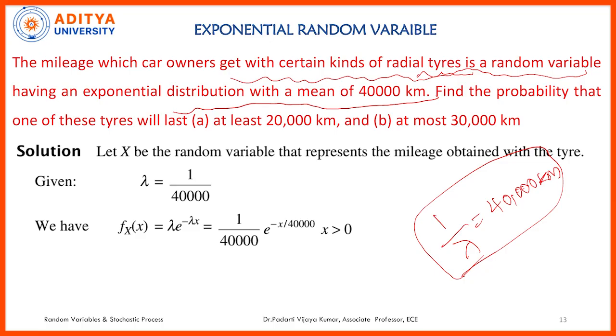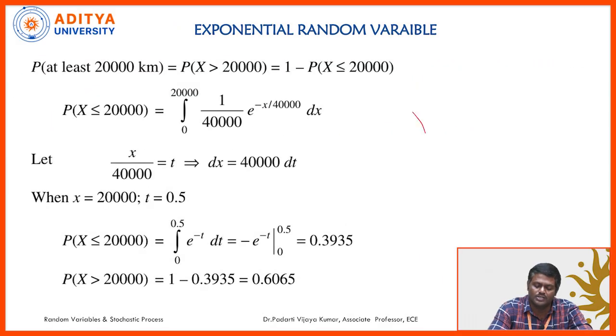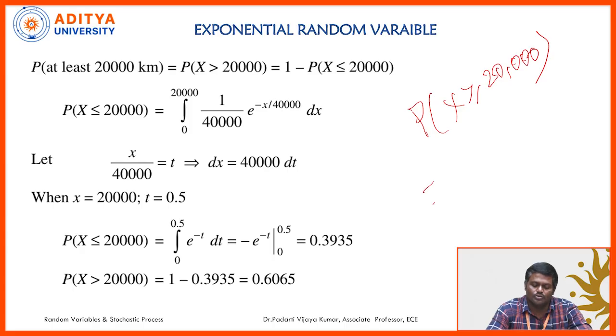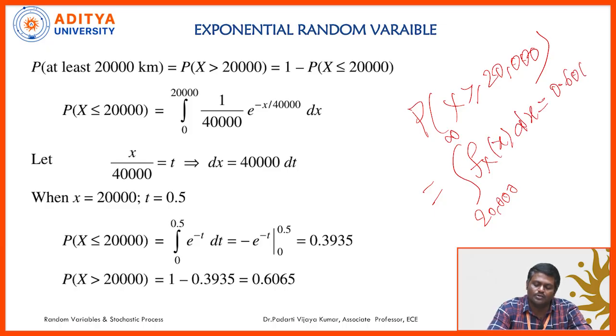Now they are asking us to find the probability that one of these tires lasts at least 20,000 kilometers. At least 20,000 kilometers means probability of X greater than or equal to 20,000. The minimum is 20,000, so using the property of the density function, integral from 20,000 to infinity of f X of x dx, doing that we will get 0.6065. There is a 60% chance.